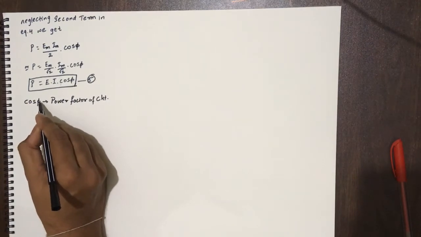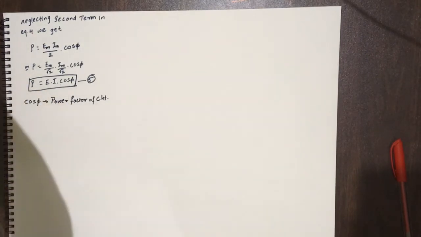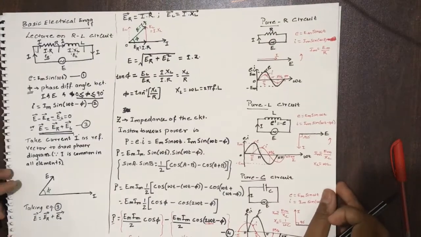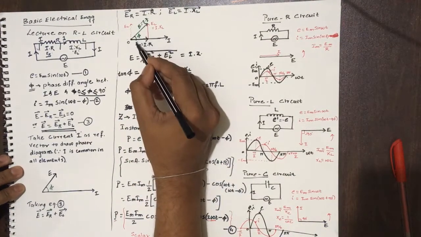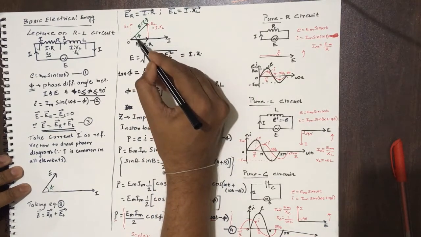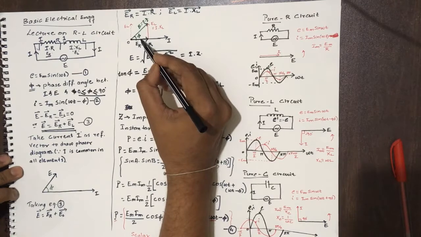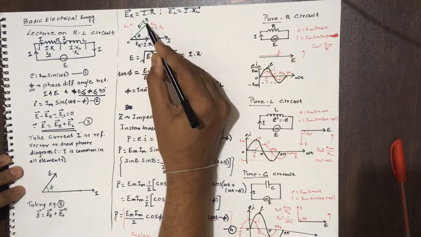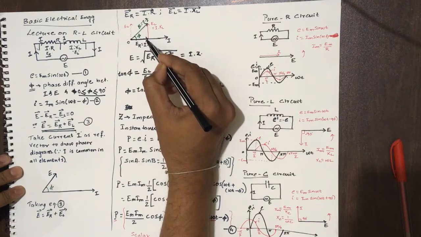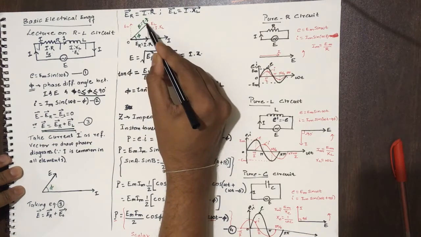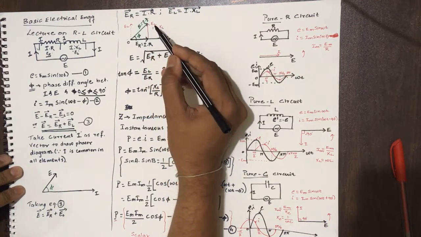Now, how can I obtain this? In the previous discussion, we know from the phasor diagram, phi is between E and ER. It is the angle subtended between the hypotenuse of the right angle triangle, with the base as the resistive voltage drop, the opposite side as the inductive voltage drop, and the hypotenuse as the total or resultant voltage.